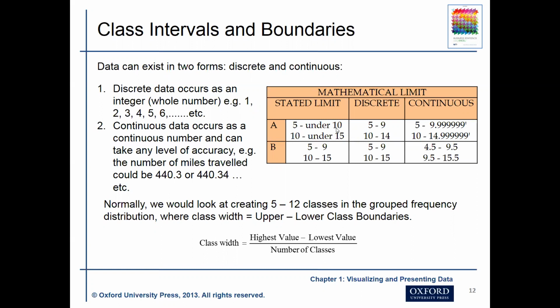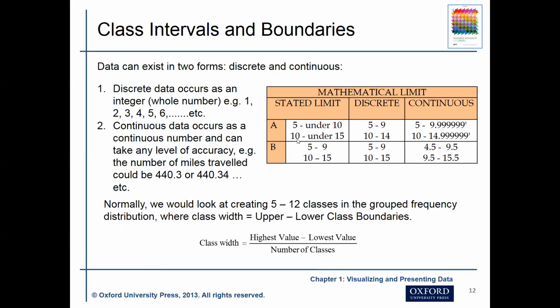If it is a discrete value, for example the number of students in a classroom being 5 under 10, how many students will be there? 5 to 9. Under 10 means we will be using 9 only. There won't be any 9.1, 9.2, because that comes under continuous data. As we discussed, discrete contains no decimal values, so it should be strictly 5 to 9 only.